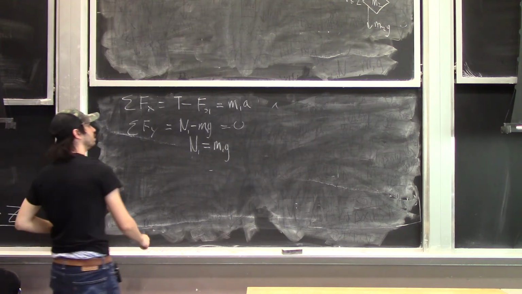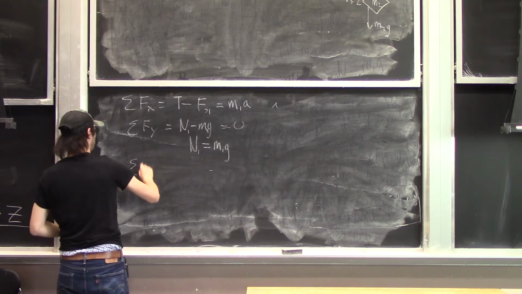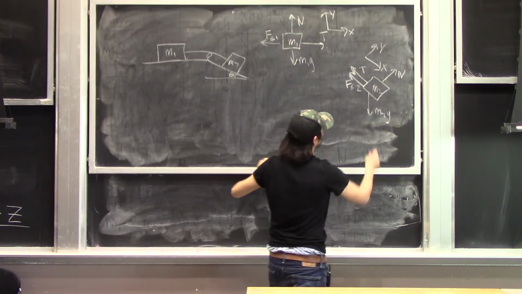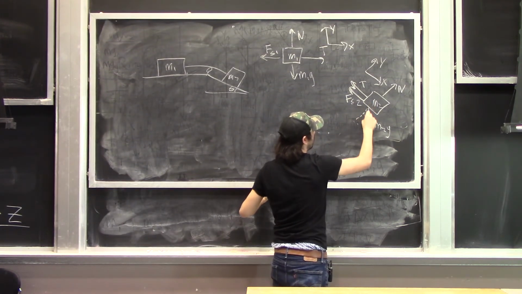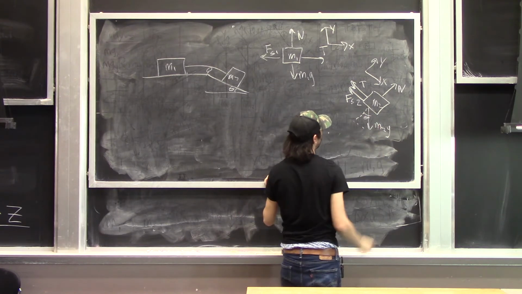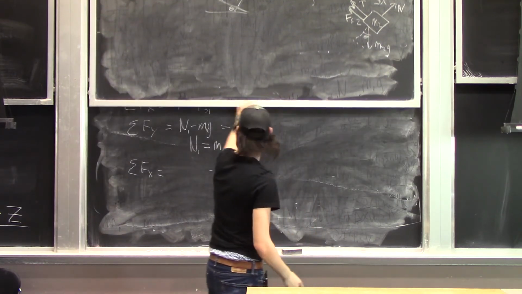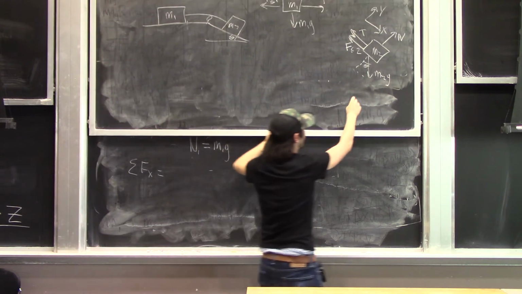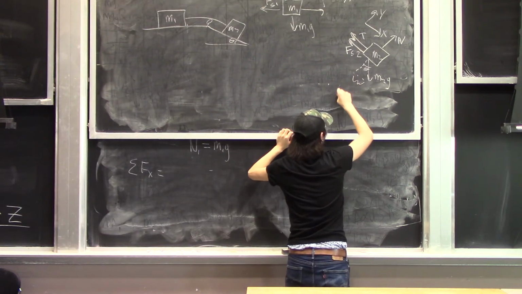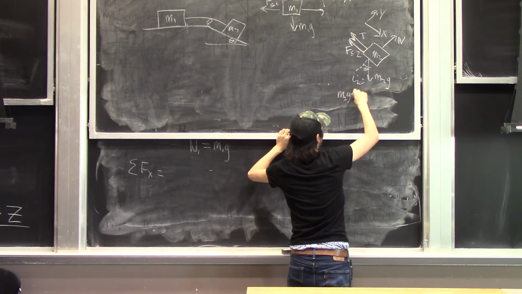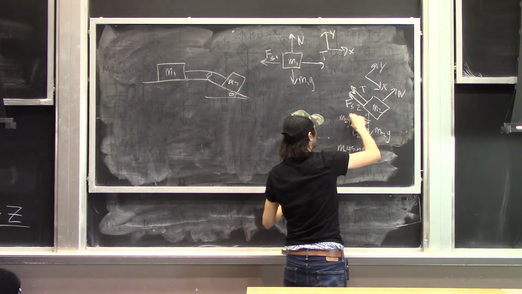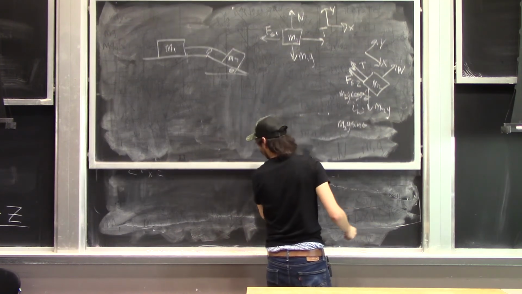So the second one says that the sum of forces in the x direction. Now we have to break this gravitational force into components. So this is going to be the angle theta. When we break that into components, we see that the portion that I'm interested in the x direction is going to be this m2g sine of theta. I'll just write m2g cosine of theta here as well, because we're going to use that in a second.